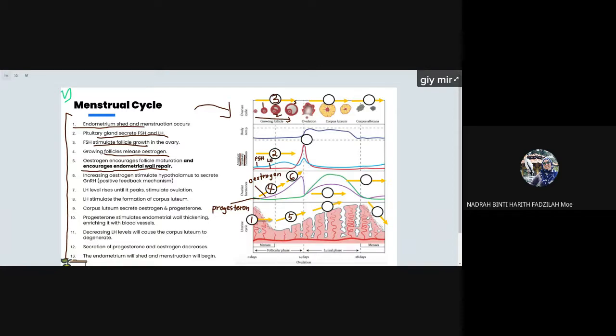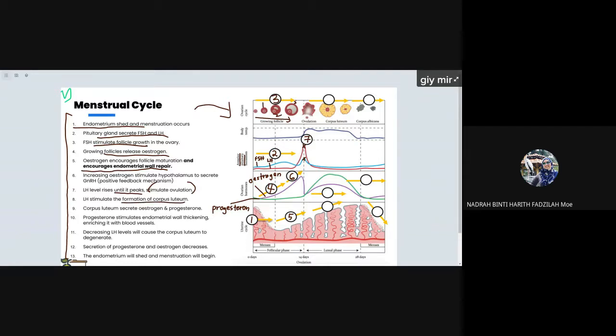Subsequently, secretion of LH dan FSH pun maximum. Nampak kat situ ada puncak dekat sini. The peak is here. So right after the peak of LH level, it will stimulate ovulation and also formation of corpus luteum.